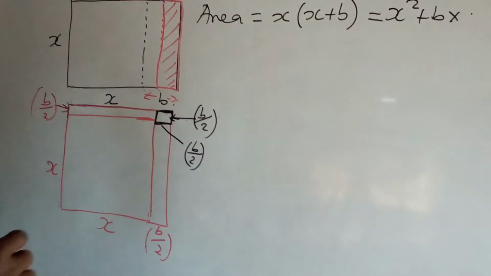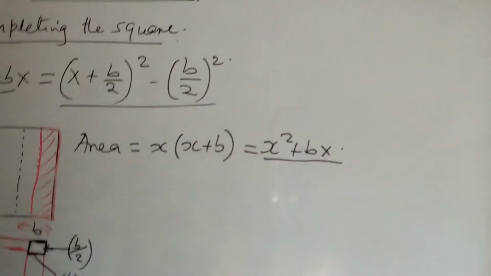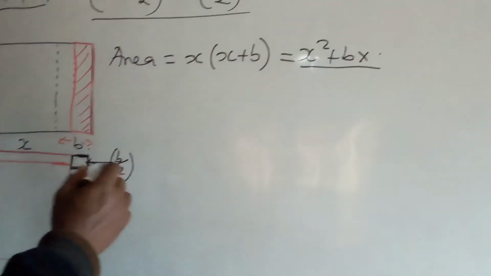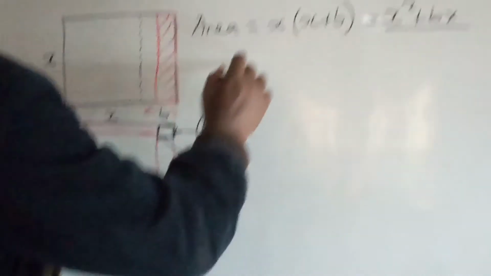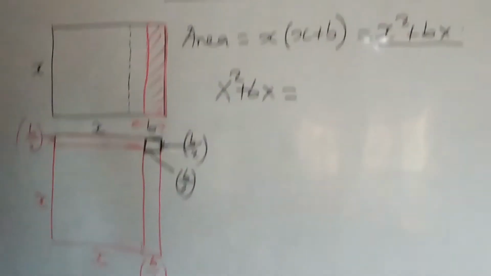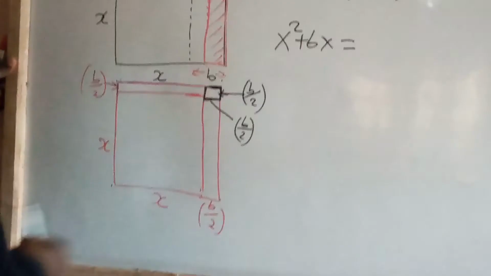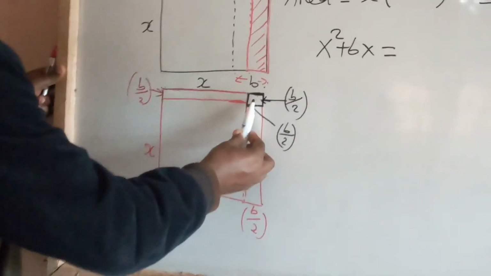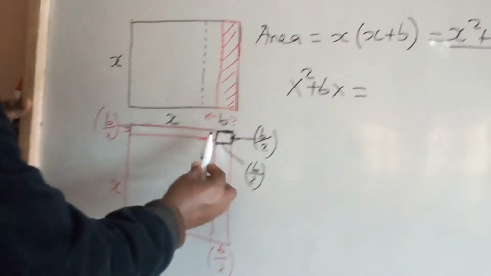So we can say the original rectangle whose area was x squared plus bx is equal to, because we have changed nothing, the length of this one times the width, having considered the whole of the square, minus the portion that is lacking.